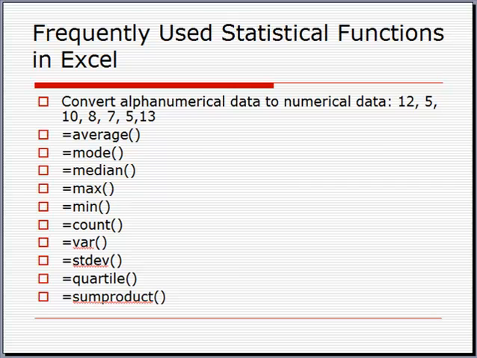So now let's start to convert alphanumerical data to numerical data. Let's use this example. Right now you have data 12, 5, 10, 8, 7, 5, 13. So step 1, we copy those data.